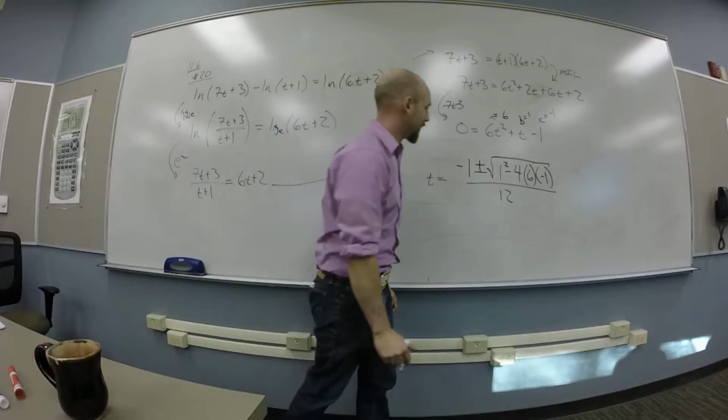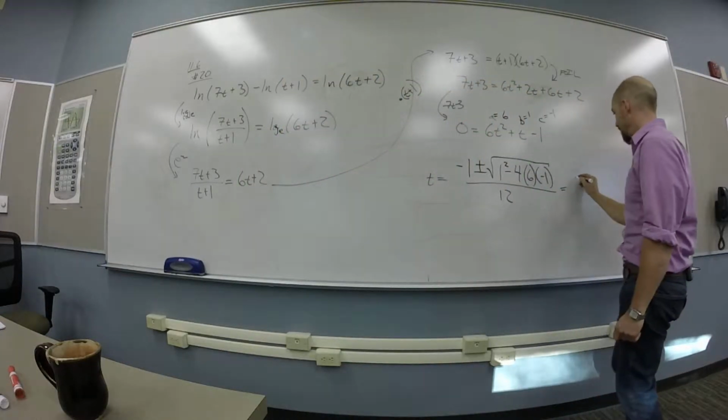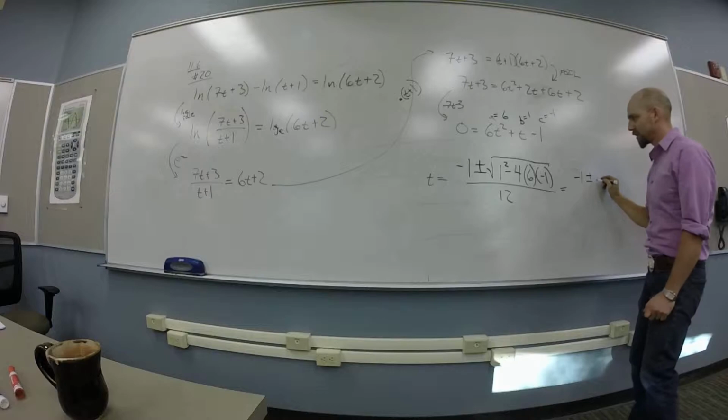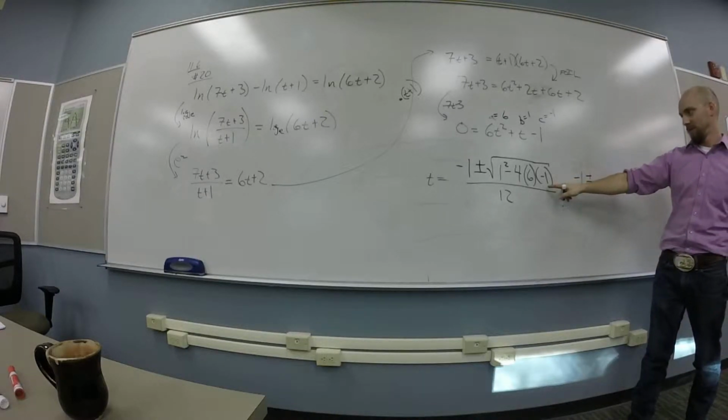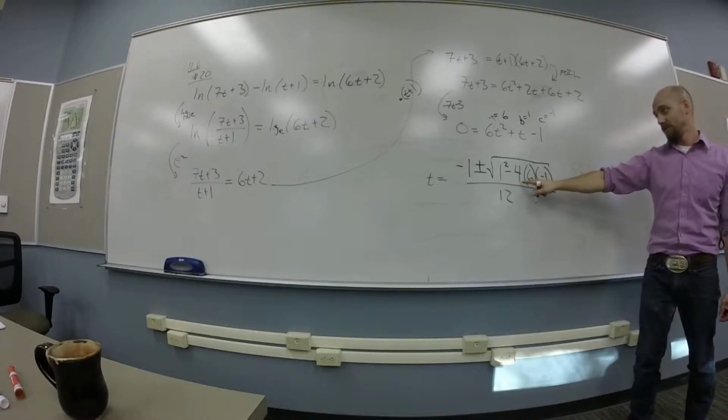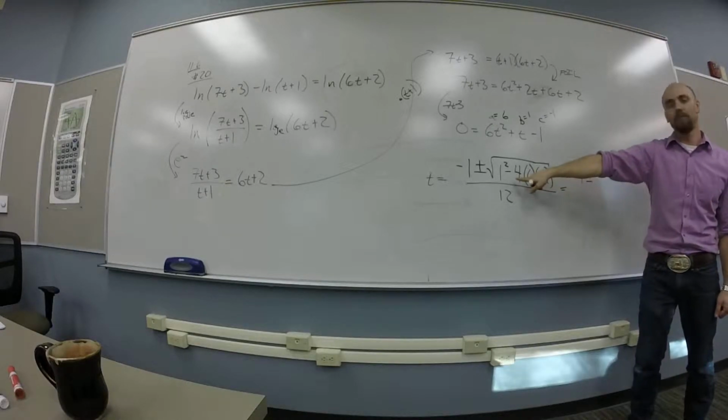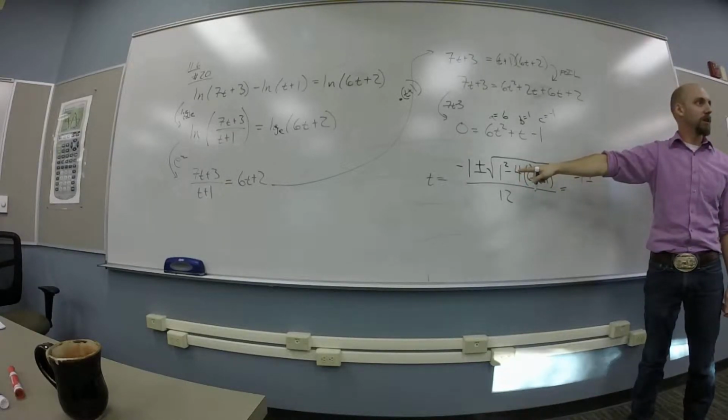Okay, so I get negative 1 plus or minus the square root of 1 plus 24, which is 25.